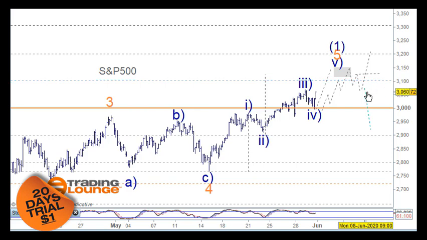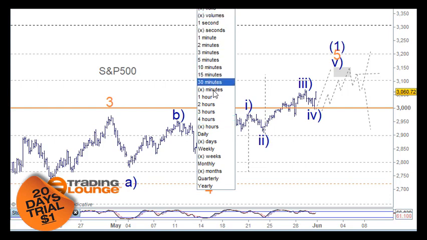Yeah, and we'll look at the structure when we get there, and of course the other count that we have for this, so you can quite comfortably trade long up to the 100 here.